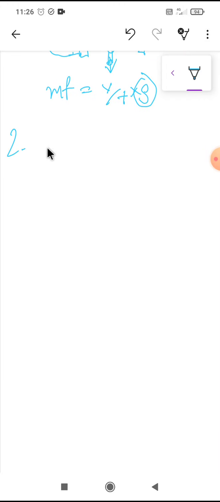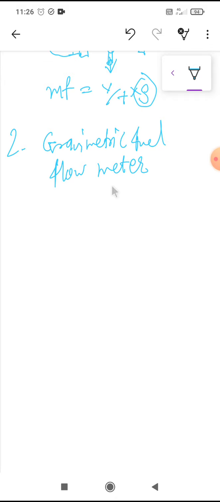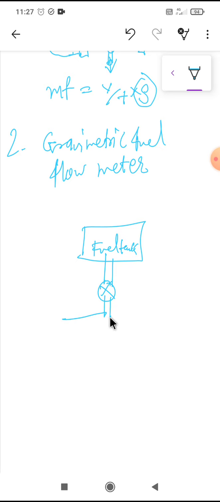Then the second method is the gravimetric fuel flow meter. In this method, there is a fuel tank, then there is a valve, then there are manifolds, one of which goes to the engine, and the other, then there is again a valve.